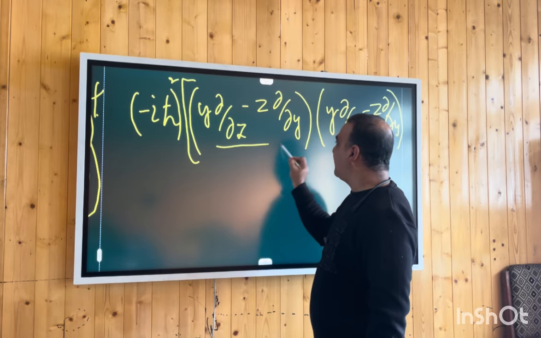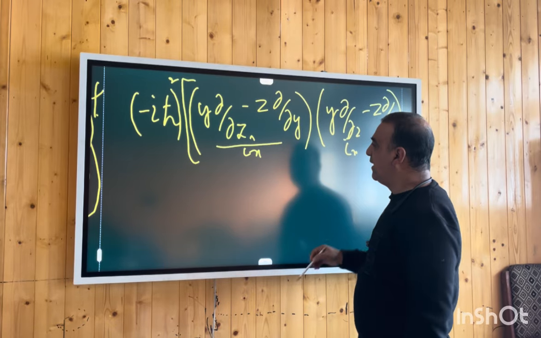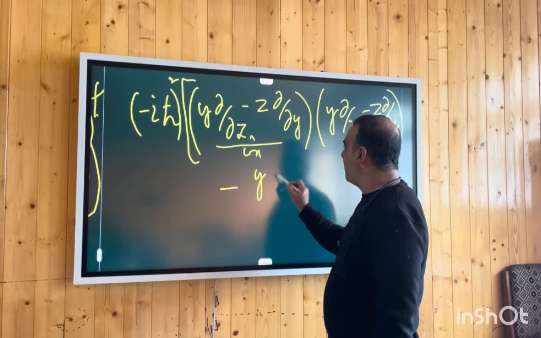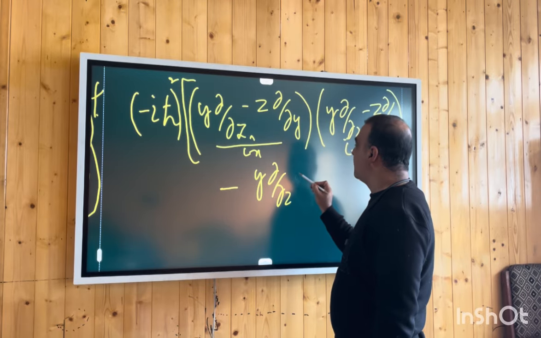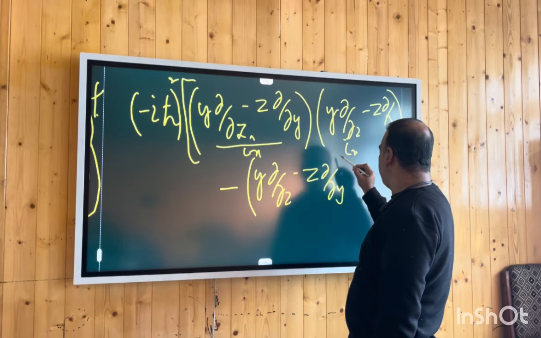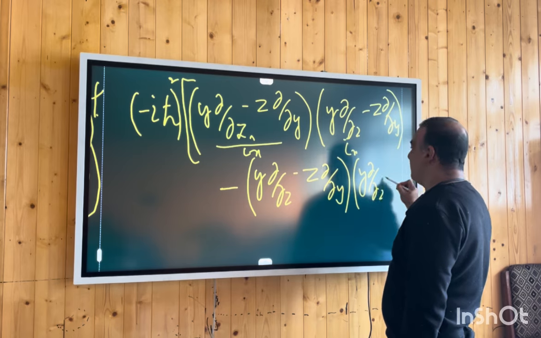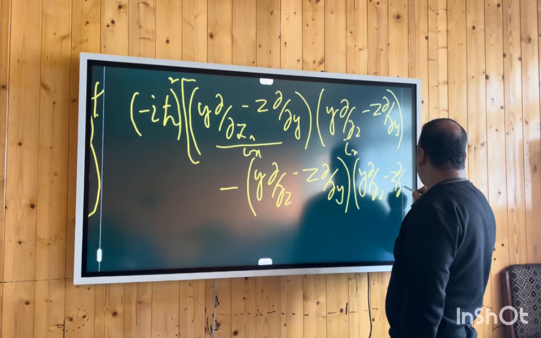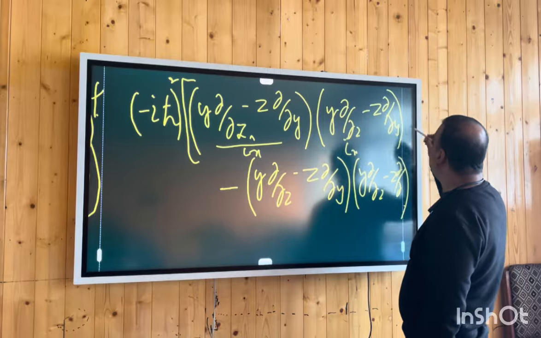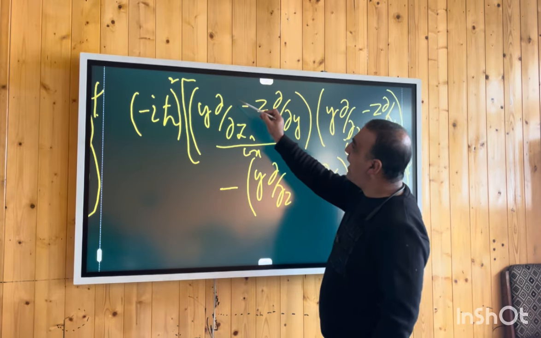So this is my Lx cap. This is again my Lx cap. And then I have minus, again the same thing, y ∂/∂z minus z ∂/∂y, and y ∂/∂z minus z ∂/∂y. But you are acting all this on psi, so everywhere you will have psi.